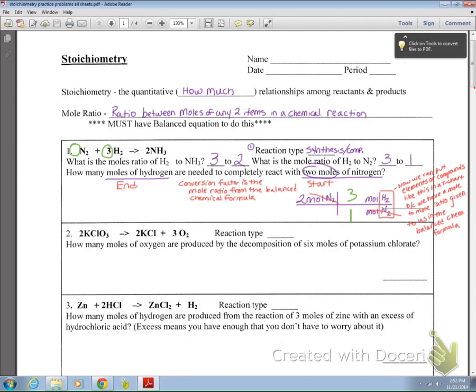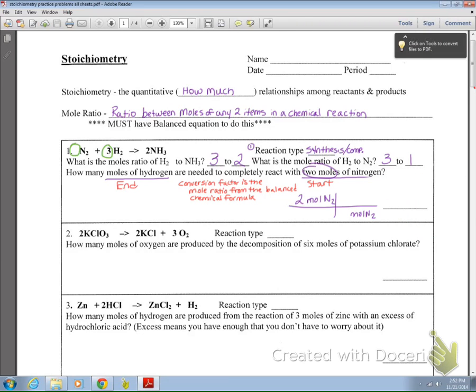Then I cross out my units and check to make sure they are the units the problem is asking for. I'm in moles of hydrogen to moles of hydrogen, so I'm done. Just like our T-charts at the beginning of the year, we multiply across, divide underneath, and get 6 moles of hydrogen.